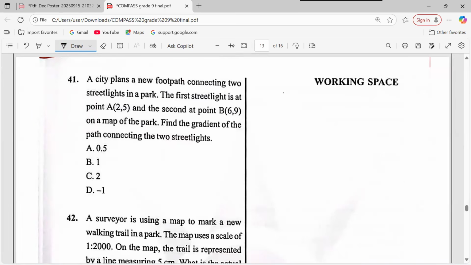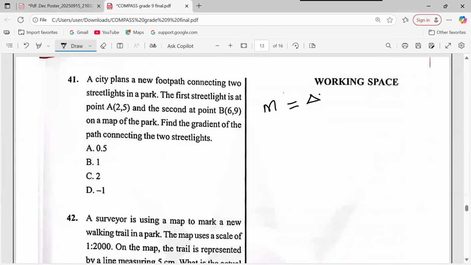On a map of the park, find the gradient of the path connecting the two street lights. You're supposed to know that if you want to find gradient, you have to consider the change in y over change in x using the provided coordinates. Therefore, in this case, we use the y coordinates to get gradient.